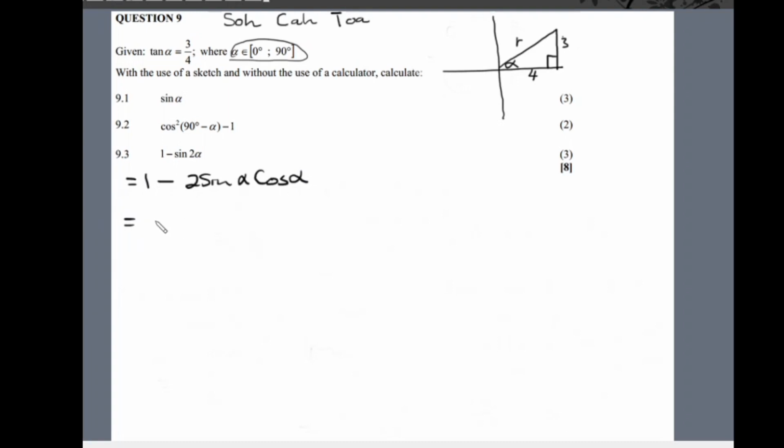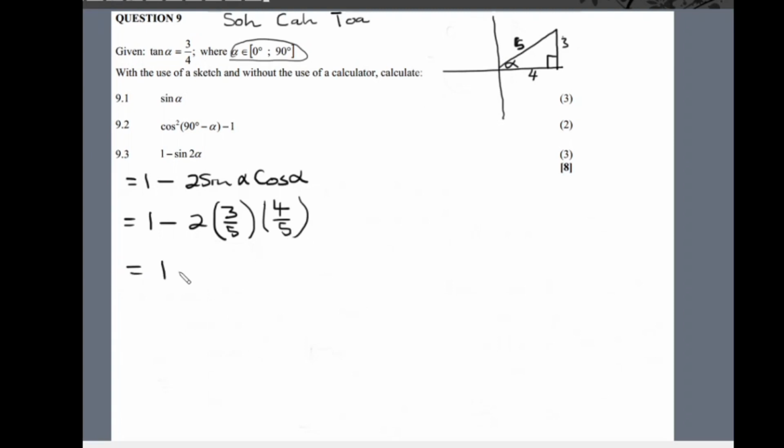And then we know sine alpha is opposite over hypotenuse. Hypotenuse here, to be calculated, is 5, and then sine alpha is 3 over 5. Cos alpha is adjacent over hypotenuse, so cos alpha will be 4 over 5, right?